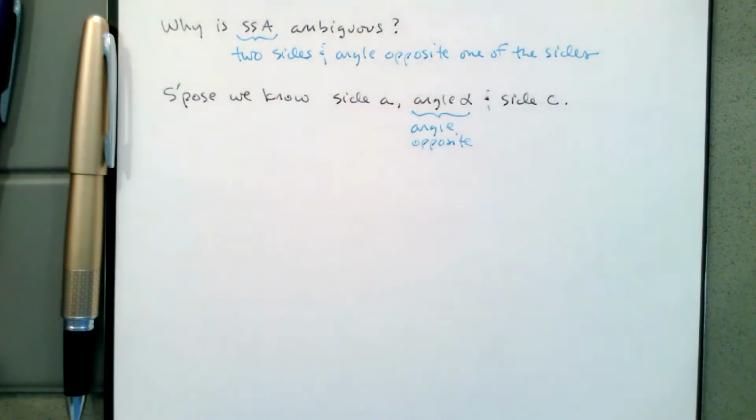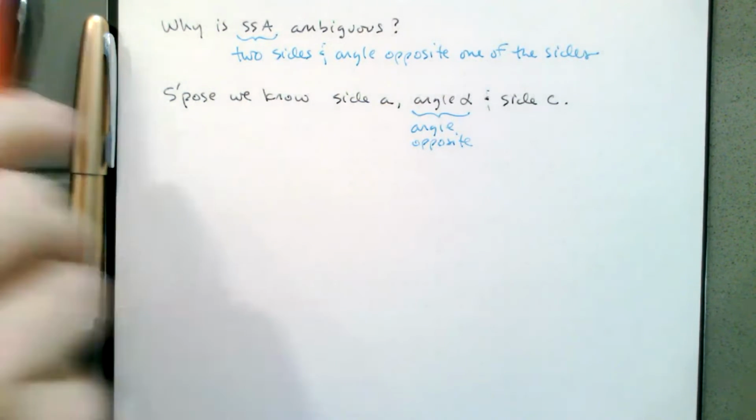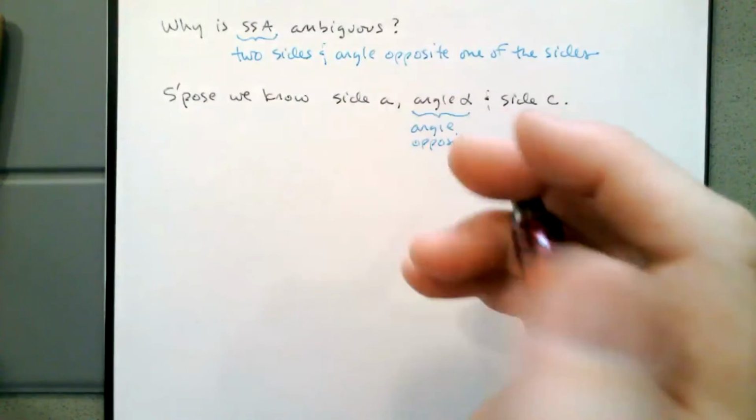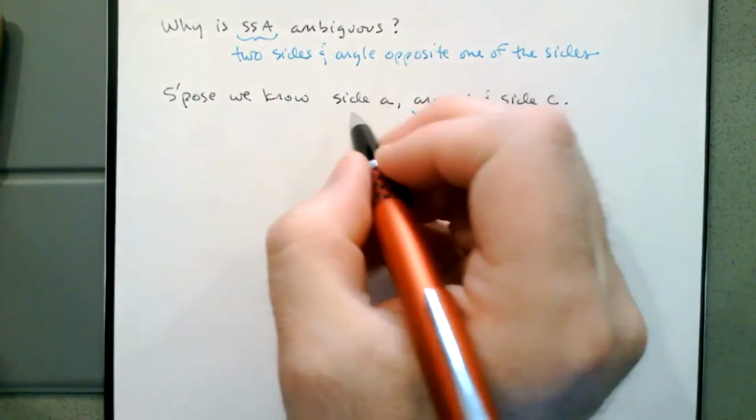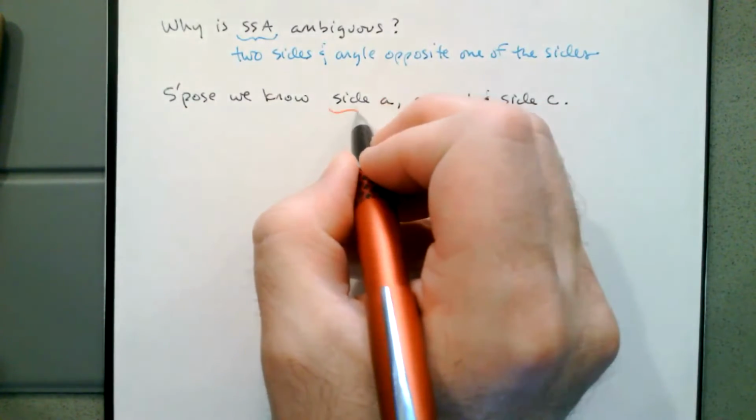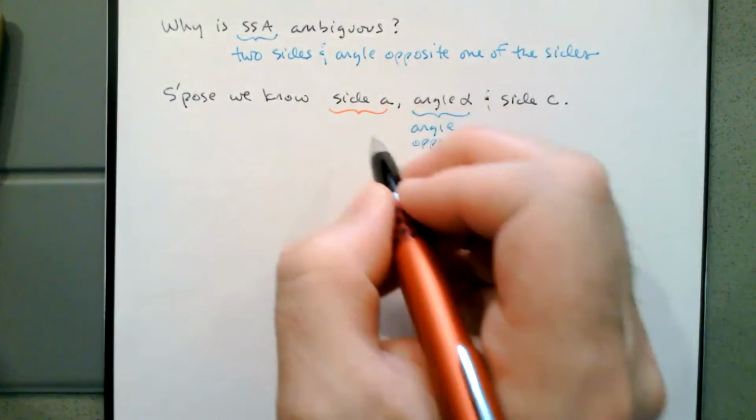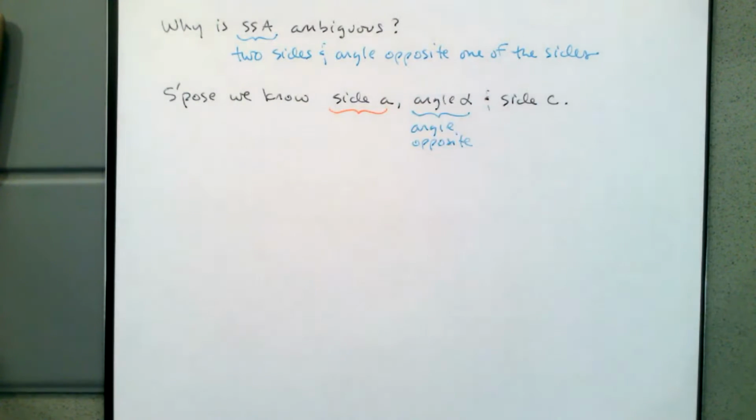So the parts that we have are the angle opposite one of the given sides, the side opposite the given angle. So here's how I want to refer to things. In this case, since we're given angle alpha, side A, I'm going to call this the side opposite the given angle. Clever name for the thing that is the side opposite the given angle.